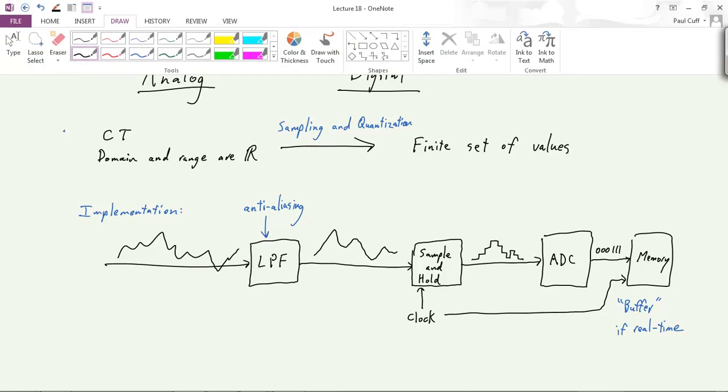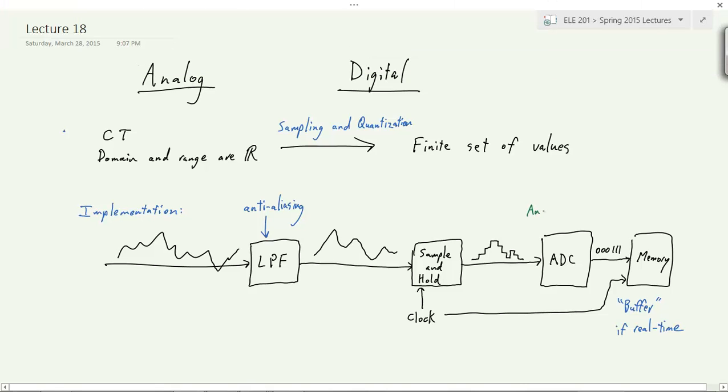This ADC stands for analog to digital converter. So you see the combination of all of this ends up with just a sequence of bits, so you are really a digital signal now.